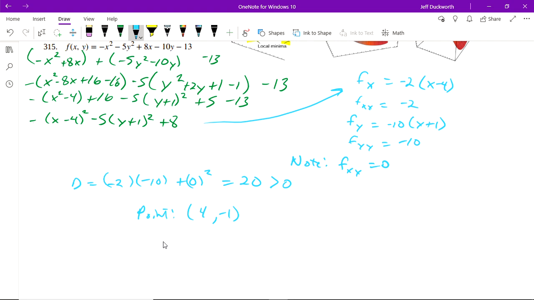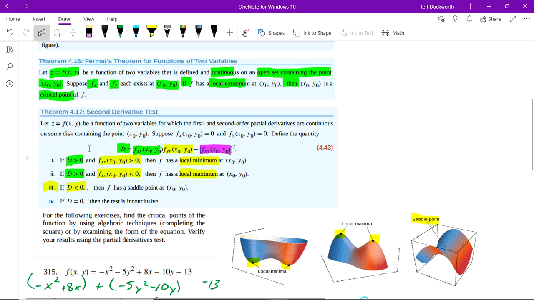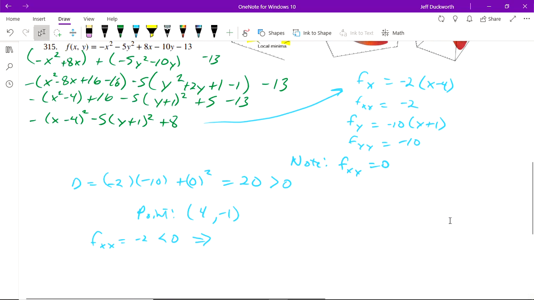And again, f sub xx equals negative 2, which is less than 0, which implies, as we can see above, let me highlight that again, less than 0 is going to be a local maximum. Local max, and it's going to be at the point 4 and negative 1. And that's the critical point we found.